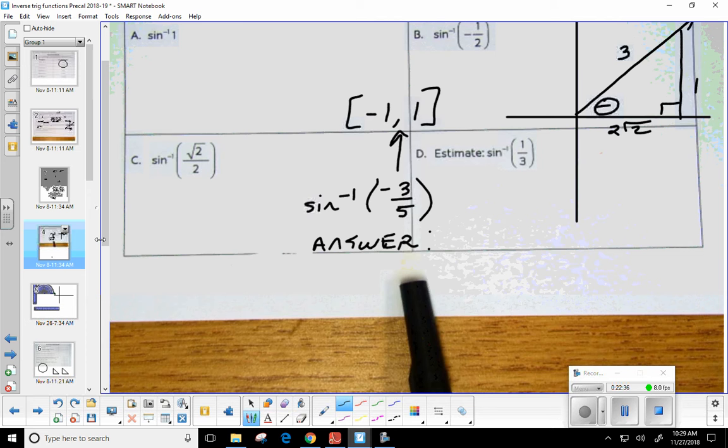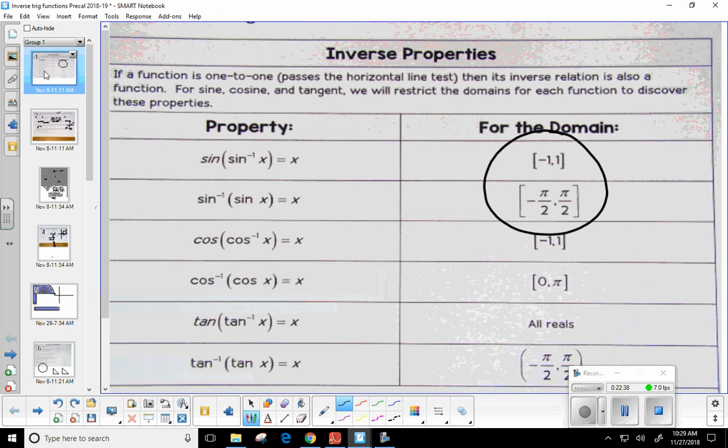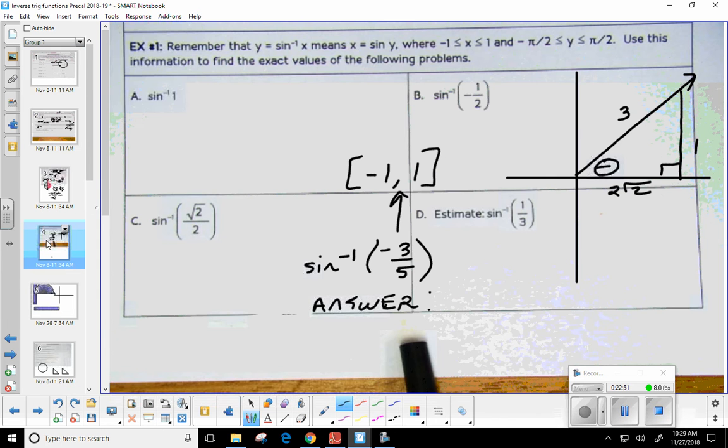If you're not sure, look back to the front of the packet. This right here is my input, my x values. So this right here is my output, the y values. So it has to be between -pi/2 and pi/2.